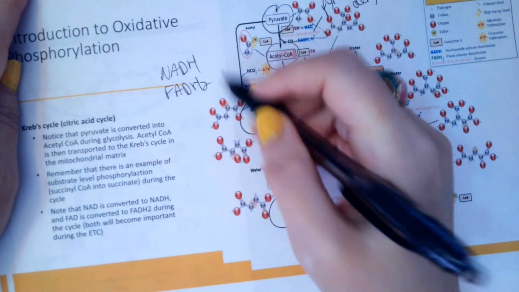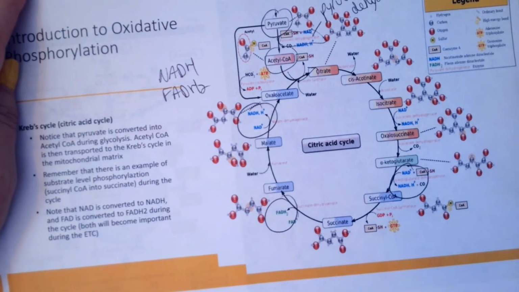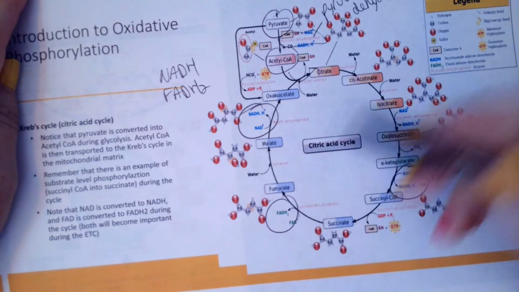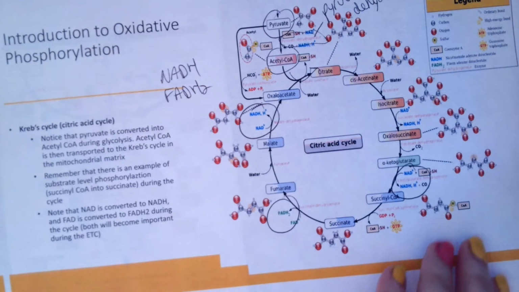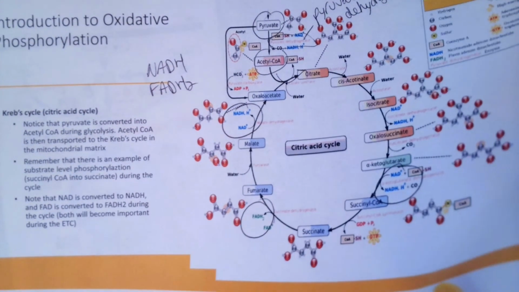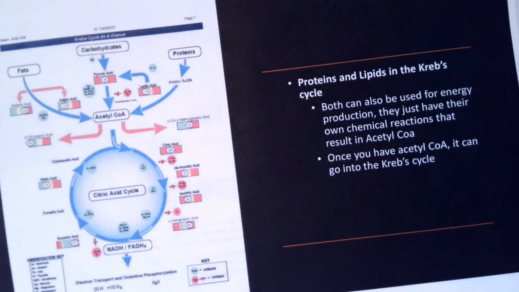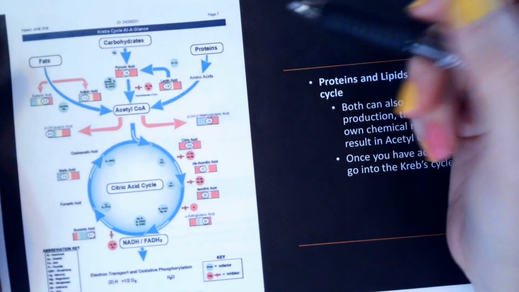We want to oxidize them and use the electrons that we've taken from them to bounce those electrons down the electron transport chain, reducing each protein in the chain and then oxidizing it in turn until we reach oxygen.